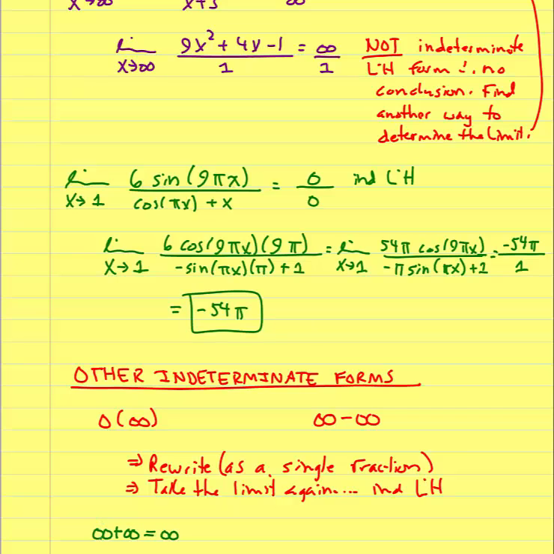So if you get a limit where you get infinity plus infinity, your answer would be infinity, which of course does not exist for a limit. Let's look at negative infinity minus infinity. This is just equal to another degree of a negative infinity. 0 to the infinity is equal to 0. And 0 to the negative infinity is equal to infinity.